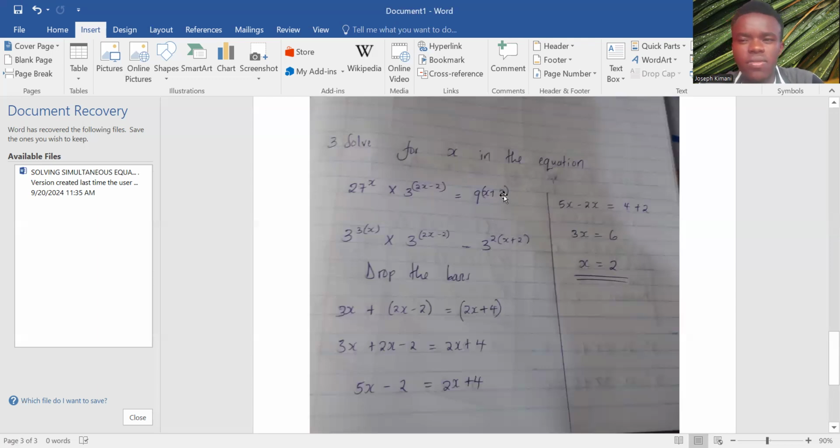So in this case, I said this topic is called indices. Before I even tackle the question, let's discuss what indices is. Now, indices is a plural form. What is the singular form of indices? The singular form of indices is index. Index means power. The moment I raise a number to a power, this is an index.